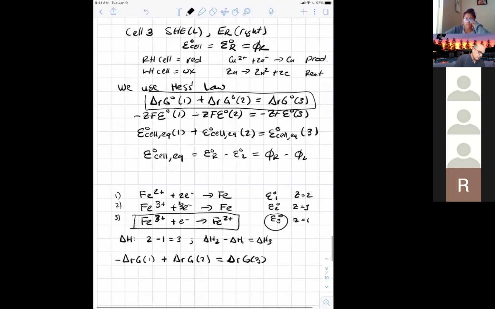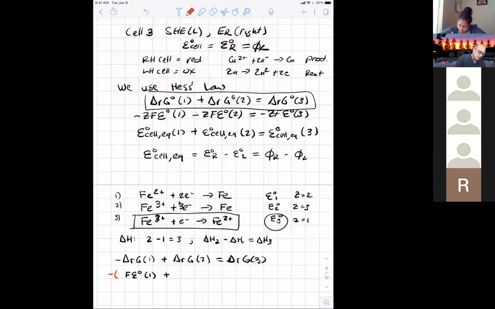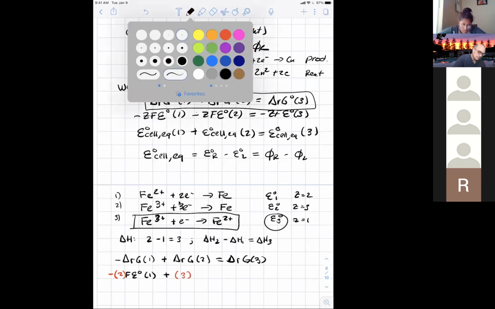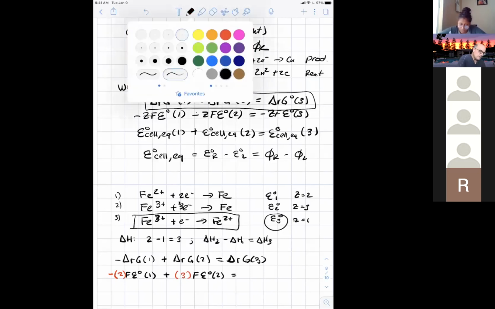And then what you have to do is this. Actually, let me be careful here, right? The first reaction has 2, the second reaction has 3, the third reaction has a factor of 1.